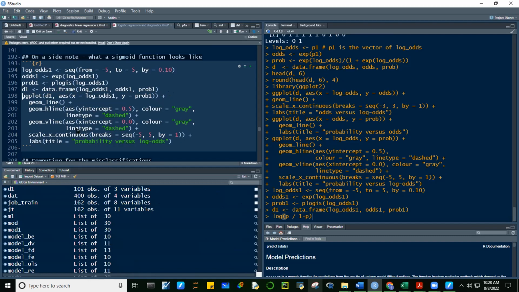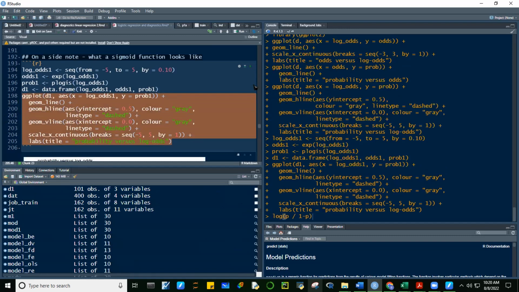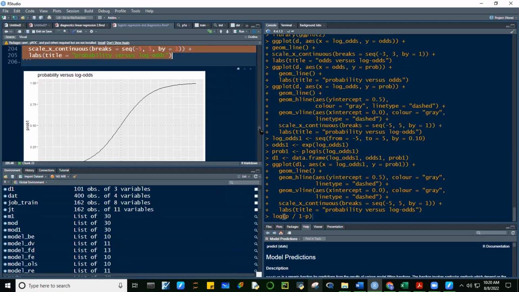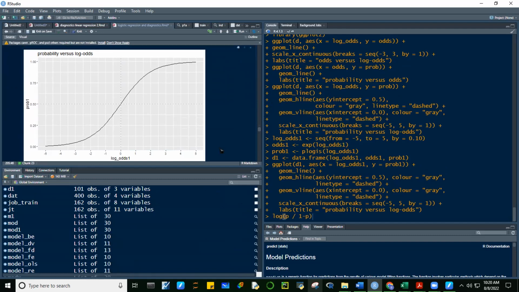Alright, then ito na yung plotting. Papakita ko lang class yung sigmoid sa inyo. So let's run this. There. This is what we call the sigmoid function. Okay? Ito yung probability. Ito yung log odds. That's why hindi natin pwedeng gamitin yung LM model, no?